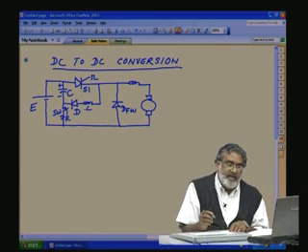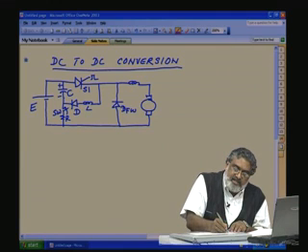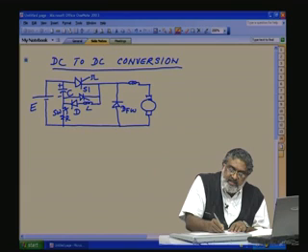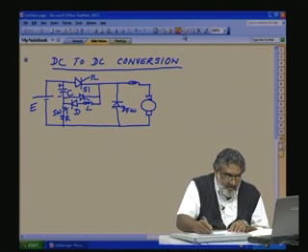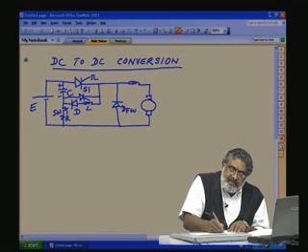Now, there is another auxiliary thyristor. This will be called S2. If this is S1, this is S2. I will mark S2 with a different color so that it is visible. This is S2.